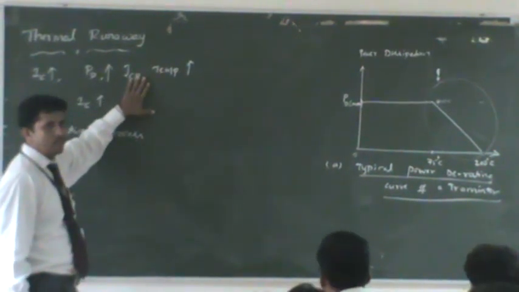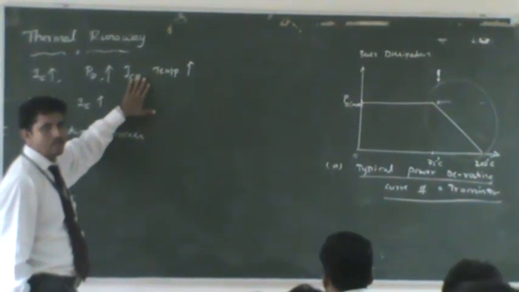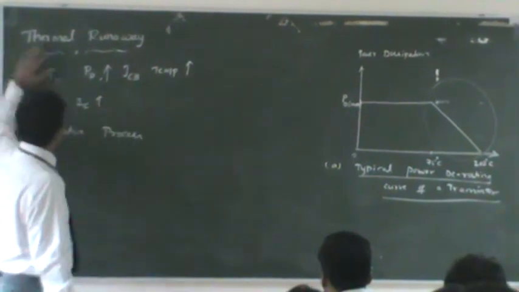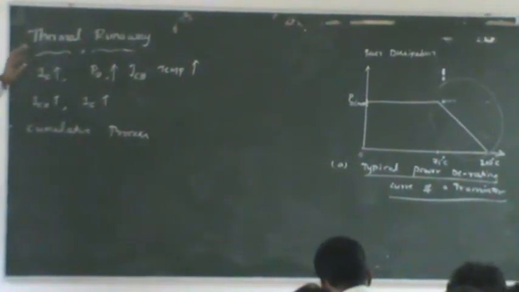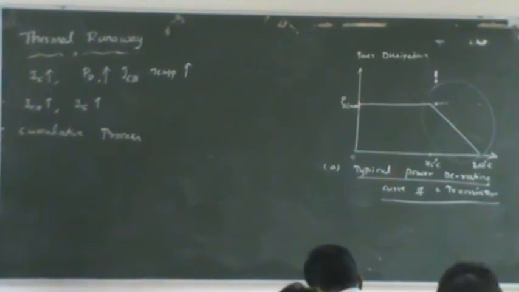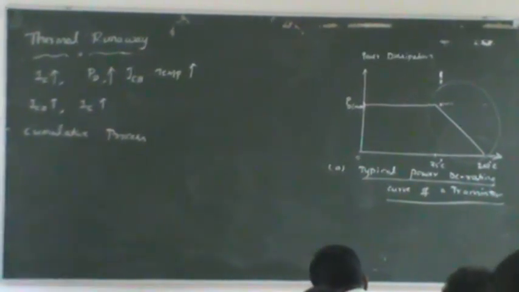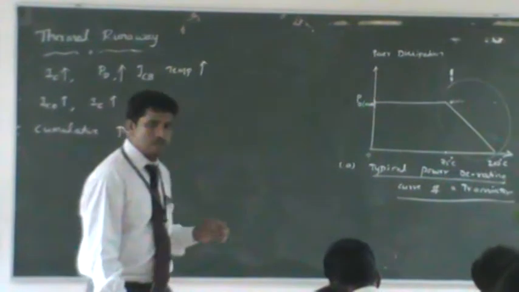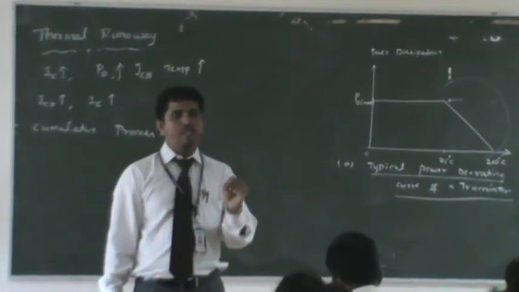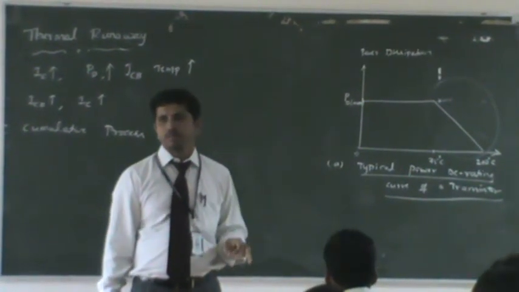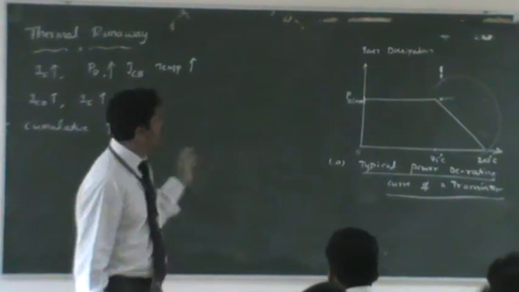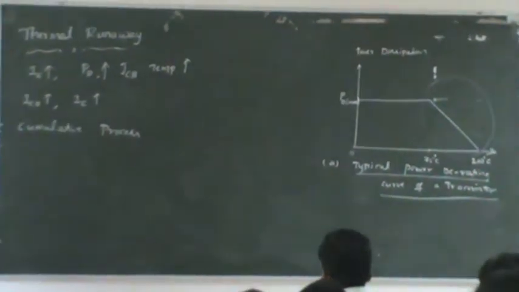At one point, the transistor may be burned out. That concept is called thermal runaway. Why it happens, I already told you: when the transistor circuit is not designed properly, when the operating point is not fixed properly, this thermal runaway is going to occur. Any questions about that?